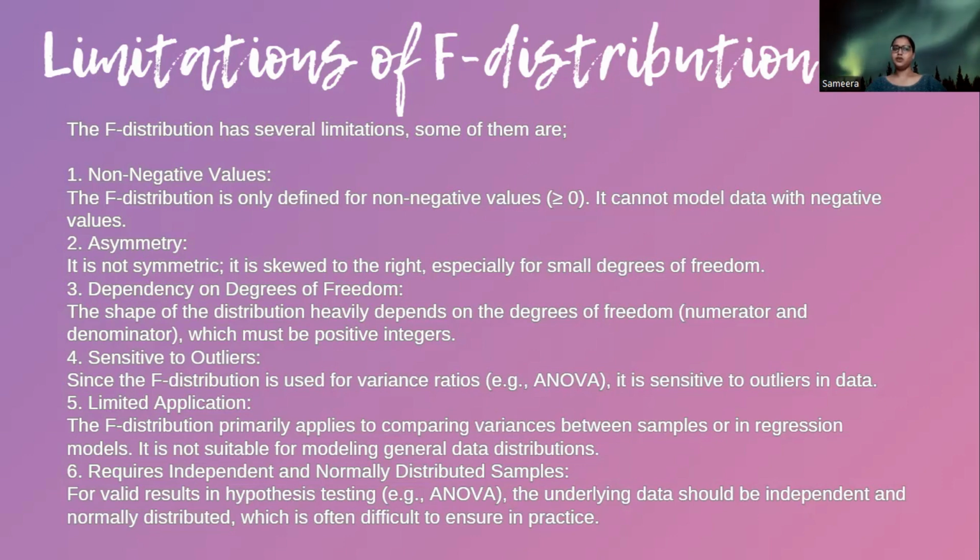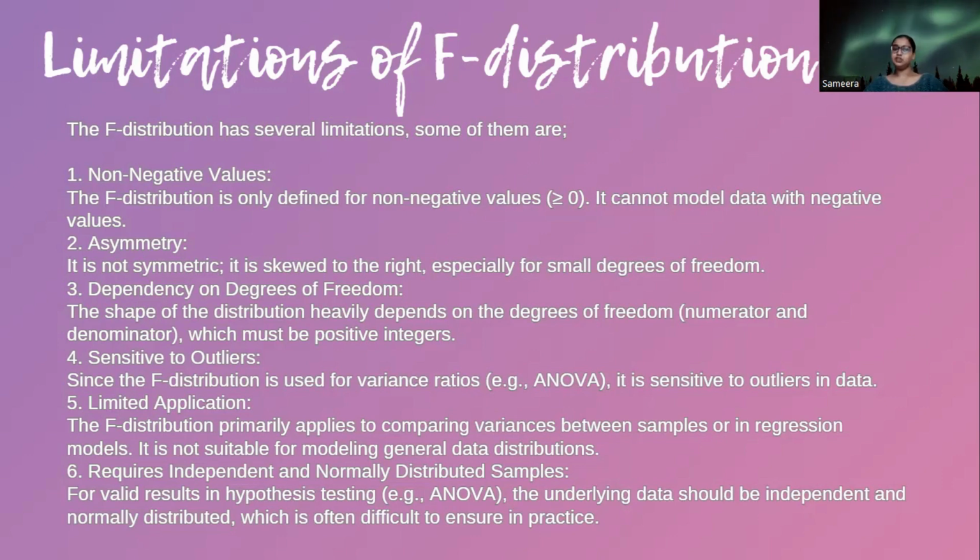Dependency on degrees of freedom. The shape of the distribution heavily depends on the degrees of freedom. There are 2 degrees of freedom in the F distribution curve, the numerator and the denominator, which must be positive integers. Then we have sensitivity to outliers. What does that mean?